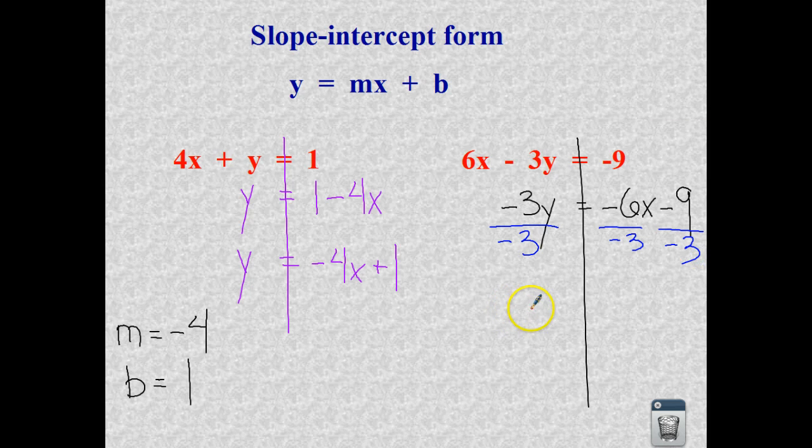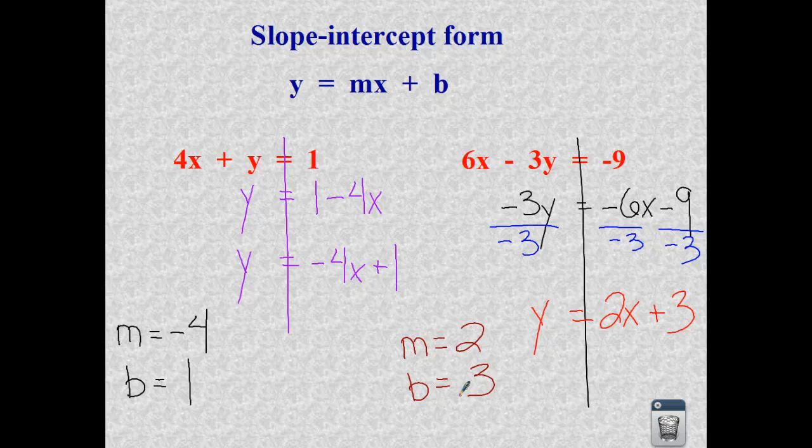We're going to end up with y equaling negative 6 divided by negative 3 is positive 2, and then negative 9 divided by negative 3 is a positive 3. So if I were to label these, I have an m equaling 2 and a y-intercept equaling positive 3. Now those are going to be important when we go and graph lines.